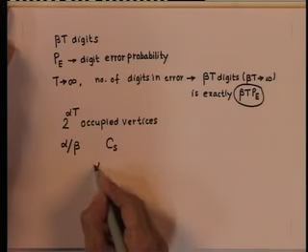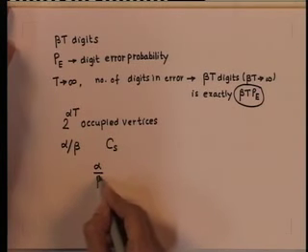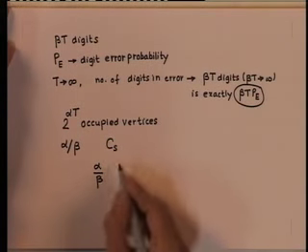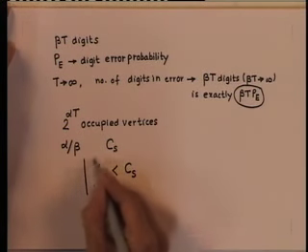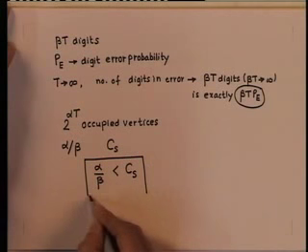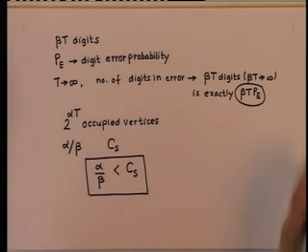So, Shannon's theorem says that alpha by beta should be less than Cs, which is channel capacity.